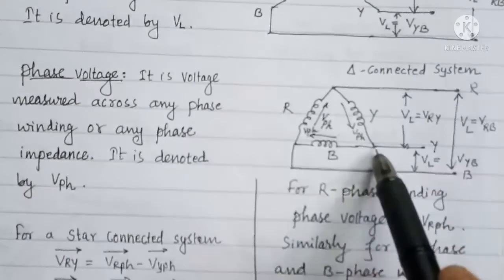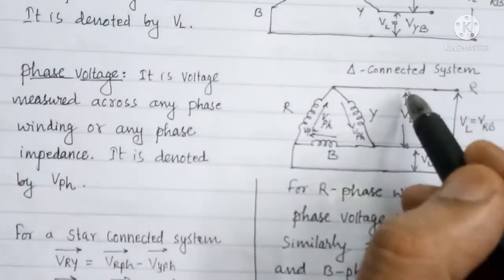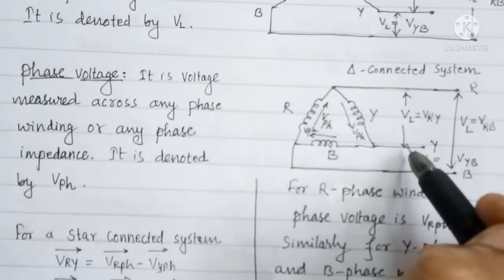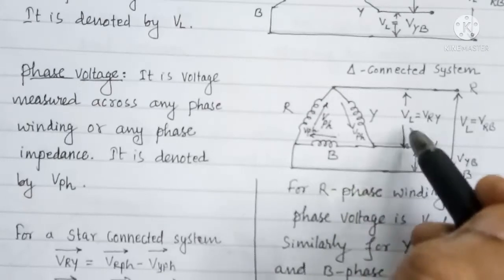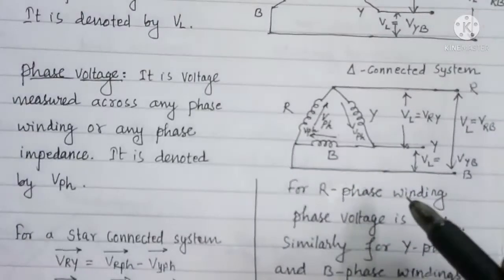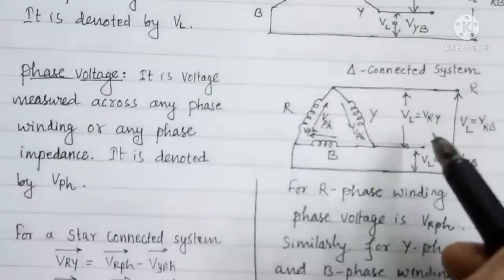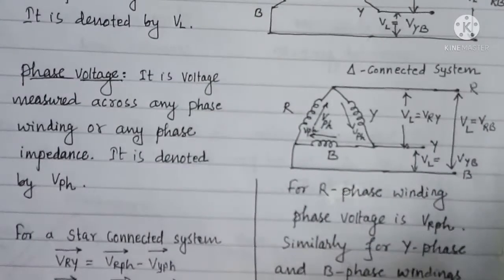Voltage measured across phase winding Y is also equal to VRY, because we measure the voltage across Y phase winding between the same points where we measured the line voltage. So it means that in delta connected system, line voltages and phase voltages are equal.